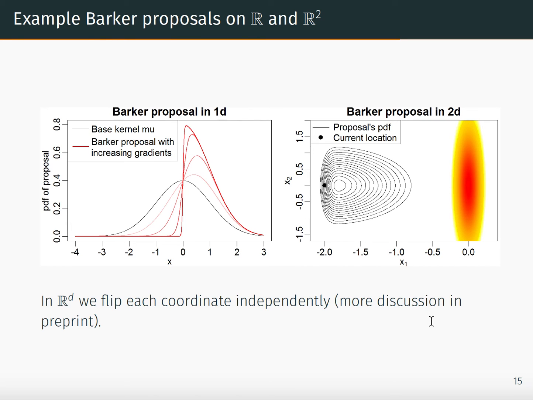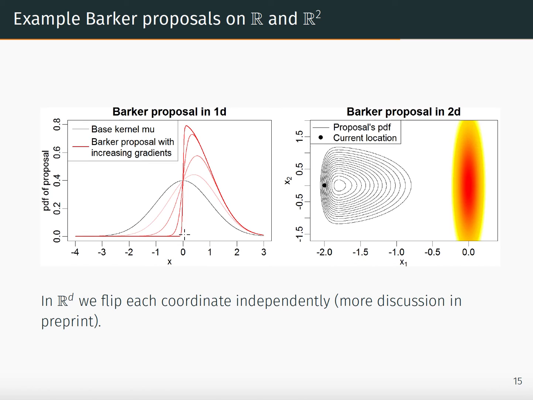So if you look at that on aggregate, what happens to the proposal kernel? Well, you see that you get this skew normal distribution as the proposal. And of course, you don't need normal as the base kernel, but we're just keeping it here. You'll always get a skew symmetric distribution. And the red lines of increasing intensity and increasing level of skew characterize what happens depending on the magnitude of the gradient.